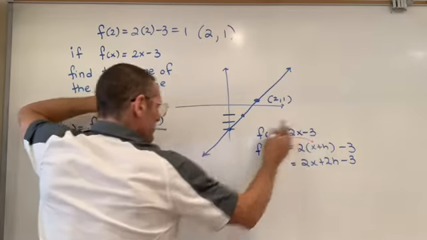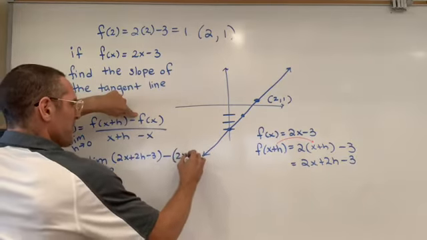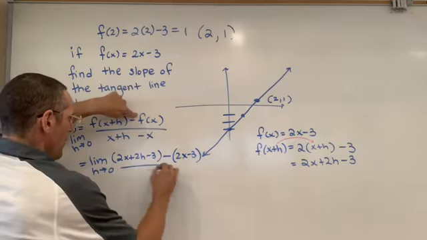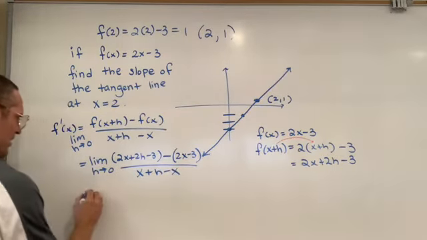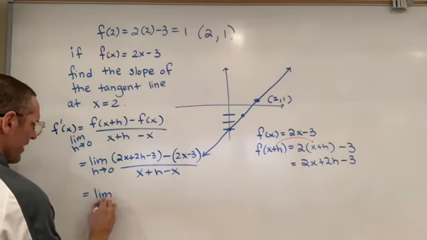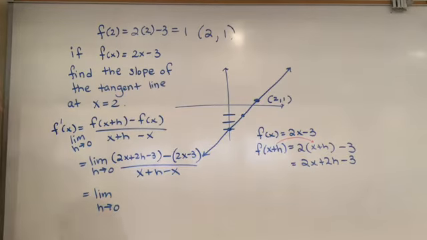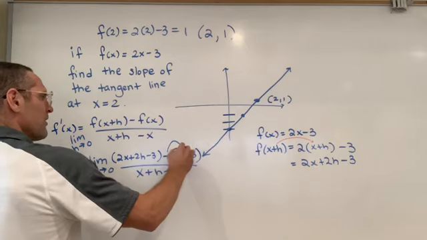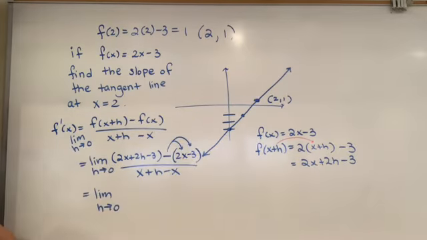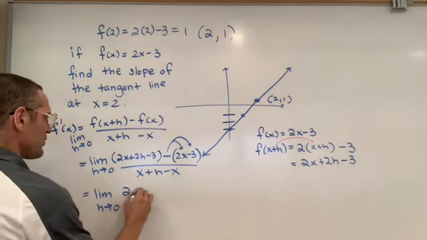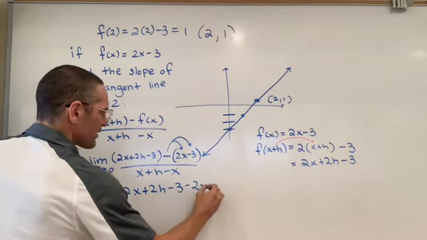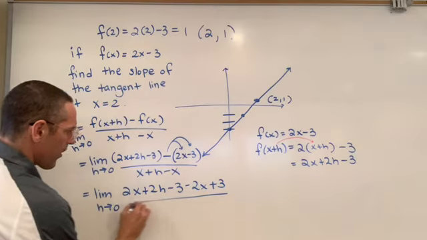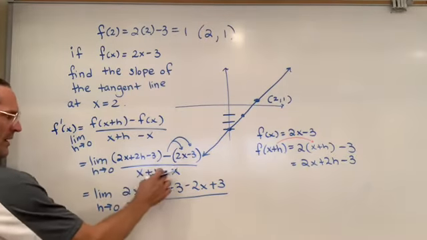minus, I'm going to substitute for f of x, 2x minus 3, over, well, this is always the same, x plus h minus x. Notice the limit as h approaches 0 of, if I now have to distribute out that -1, I get 2x plus 2h minus 3 minus 2x plus 3 all over x and minus x.